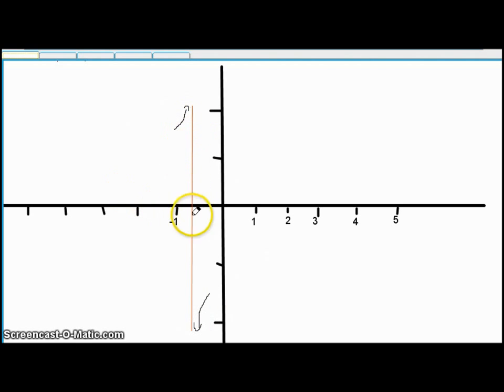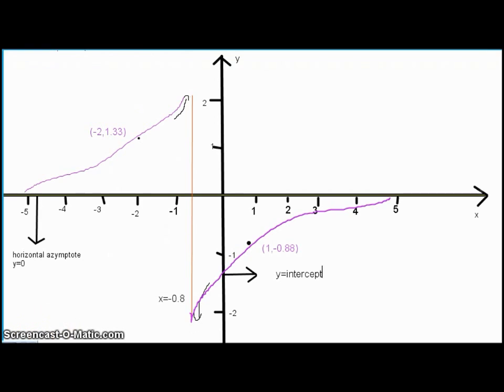This red line is our vertical asymptote at -0.8, and our points are negative 2 and 1.33. Now we draw a sketch of our function.